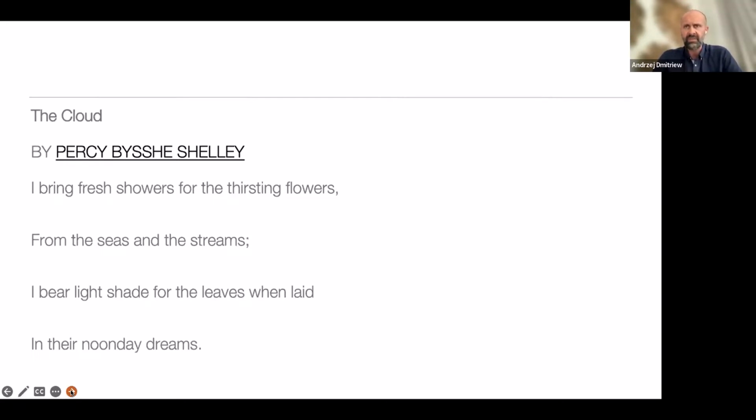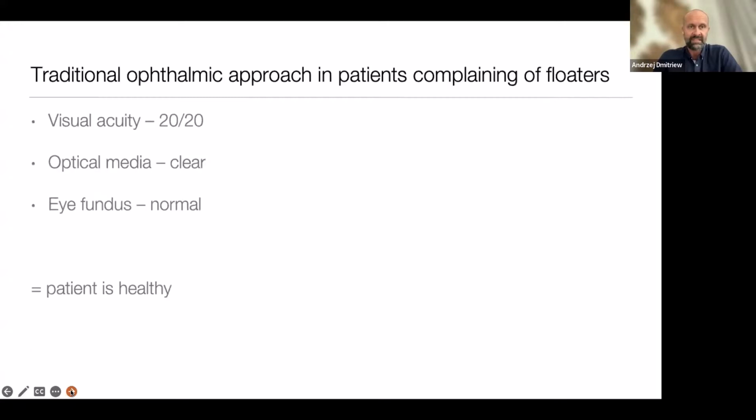Obviously, the clouds within the vitreous and the symptoms of patients, which are cloud-like, are acting exactly in the same way as the clouds in the sky, and that's why we need to understand that the traditional ophthalmic approach doesn't really help us in understanding floater patients, because our traditional approach would be saying visual acuity 20/20 is perfect, optical media are clear, and eye fundus is normal.